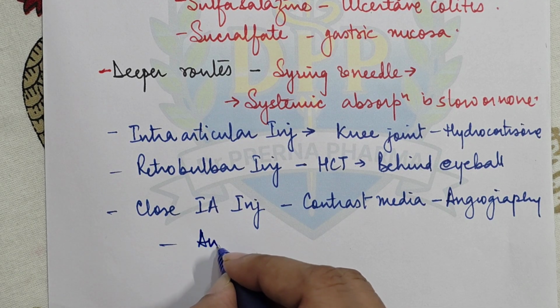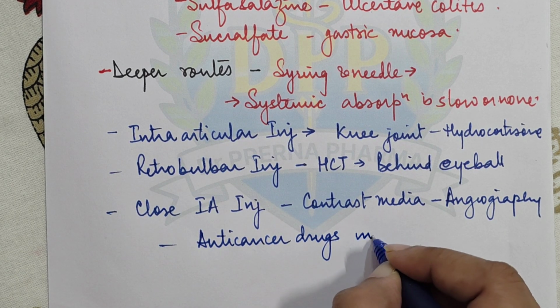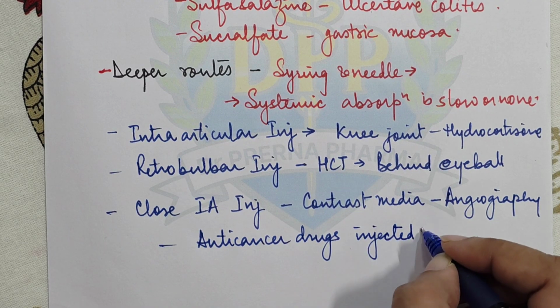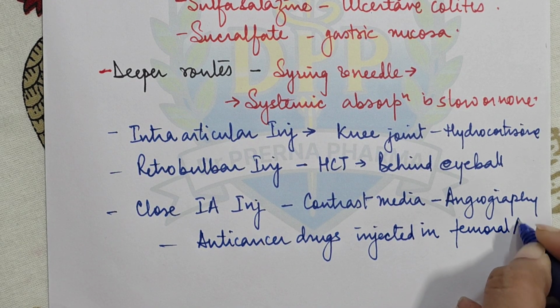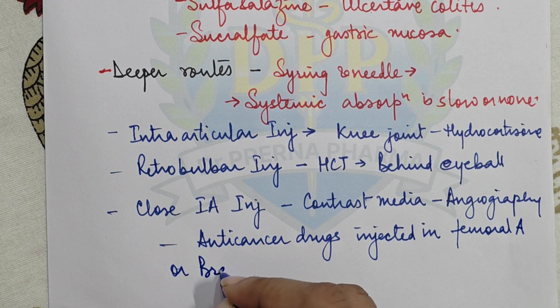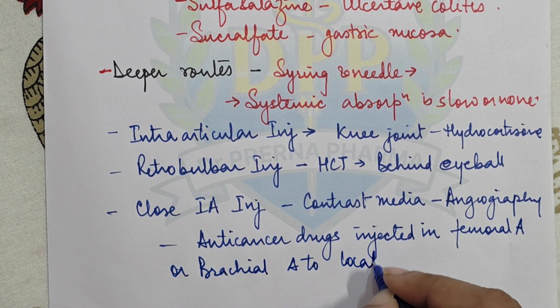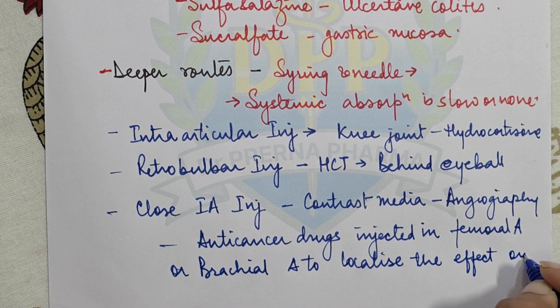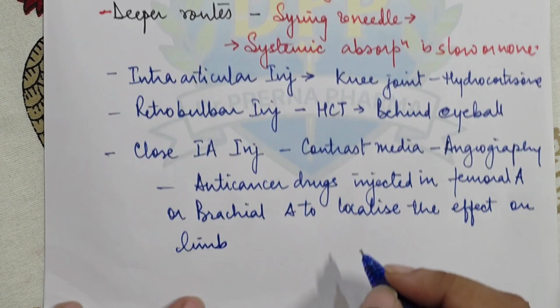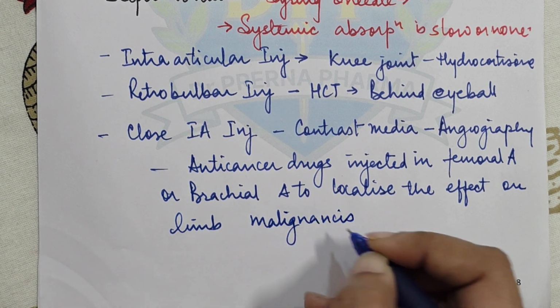Then sometimes anti-cancer drugs are injected in the femoral artery or brachial artery to localize the effect on limb malignancies. So these all are local routes, right?